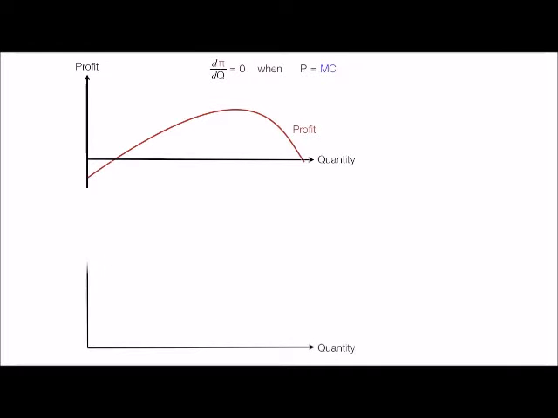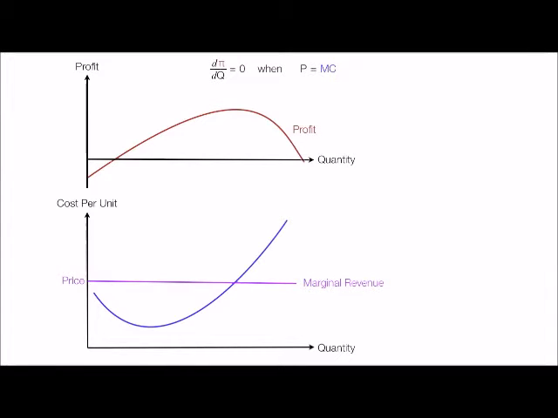And on the vertical axis, I put cost per unit, and we'll put price or marginal revenue in with the marginal cost curve. So if I take that point where profit is maximized and I draw straight down, that's where marginal cost is equal to marginal revenue. So marginal cost is equal to price is equal to marginal revenue at that point.